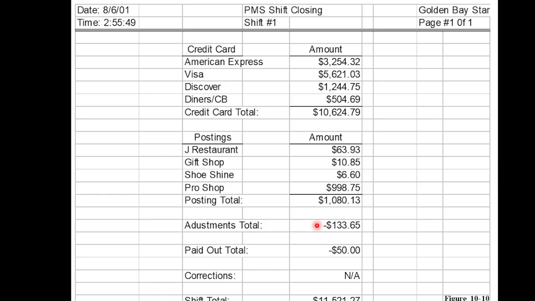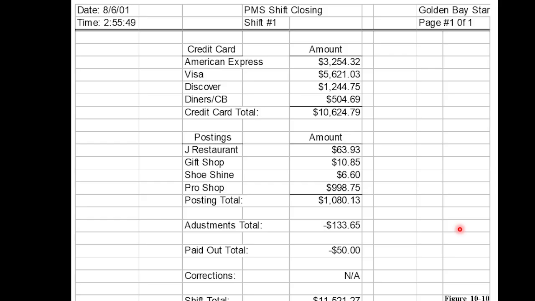There were error postings, sometimes reversed wrong charges, sometimes discounts, and sometimes duplications of transactions. So that is why there is an adjustment total. It's negative because it means the revenue was reduced.